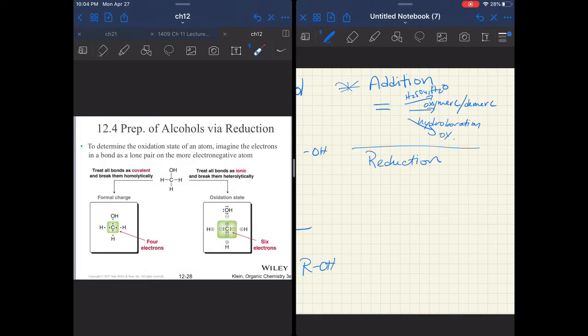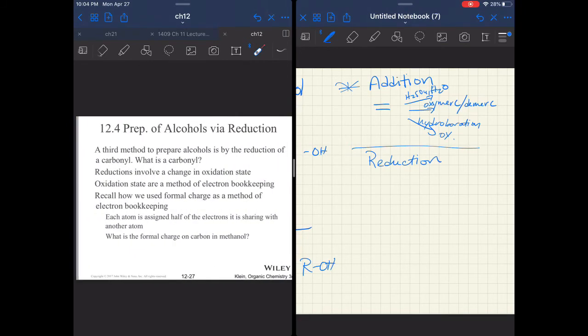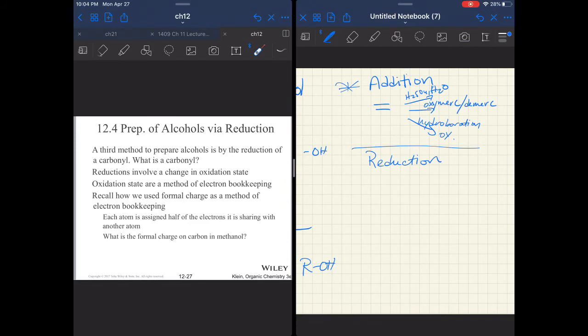Something to talk about when we say oxidation and reduction in organic: oxidation and reduction means the same thing as it did in Gen Chem. It has to do with losing and gaining electrons. But these are all covalently bound, so it has to do with losing ownership through the sigma bond.